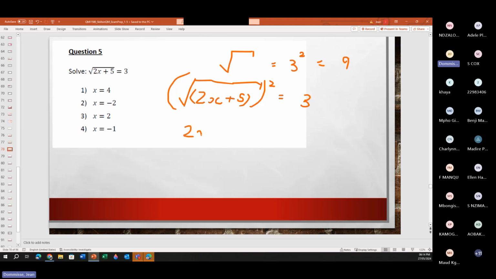If we rewrite that component under the square root, it would be the same to write it as, so that and that is exactly the same. The root of 2x plus 5 is the same as saying 2x plus 5 to the power of a half. And so then we do this on both sides.